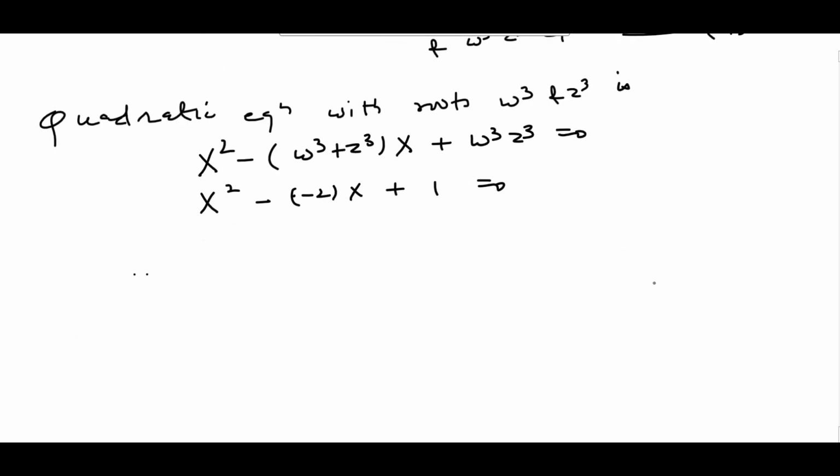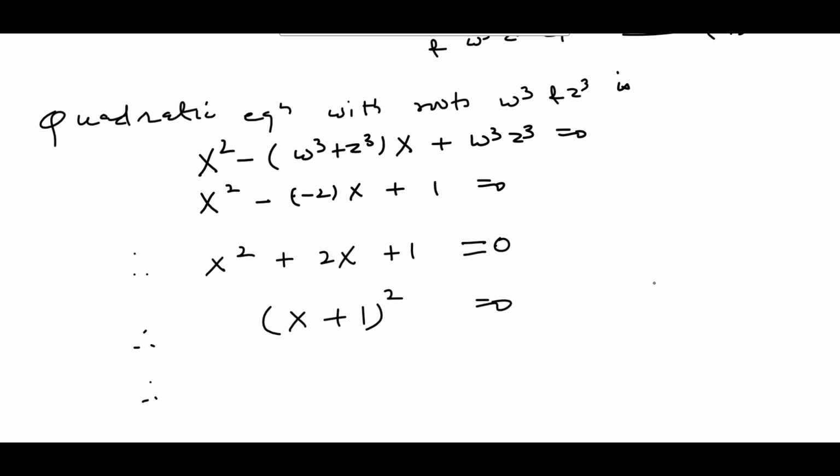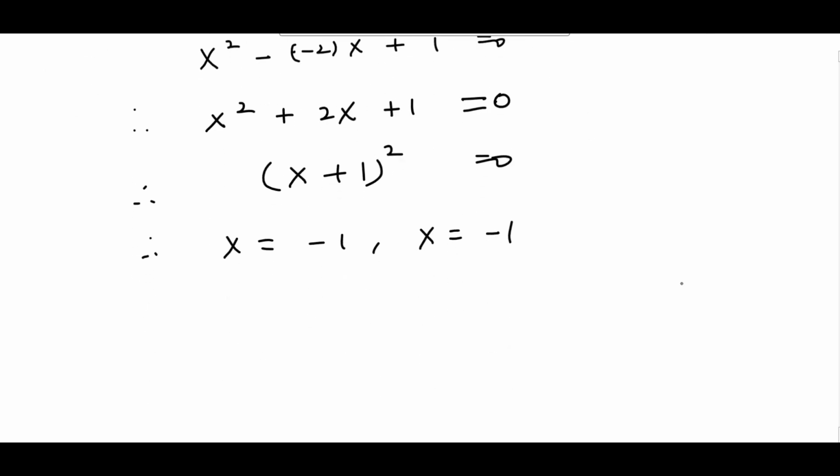So further simplifying, we will get capital X square plus 2 times x plus 1 is equal to 0. Here it will be (x plus 1) whole square is equal to 0. So we will get the value of x as negative 1, repeated roots. But we know that x value, that is w cube is equal to negative 1, and z cube is equal to negative 1.